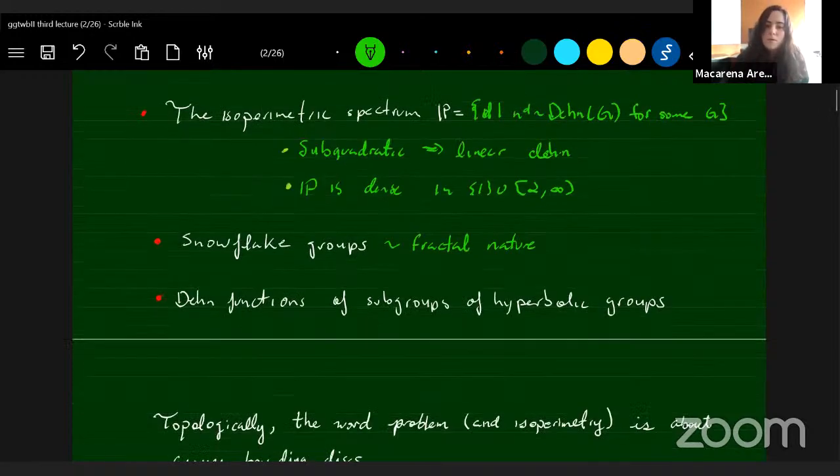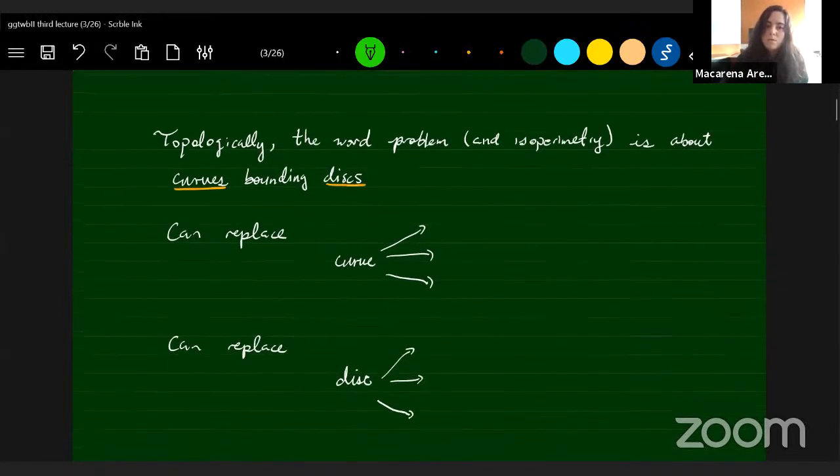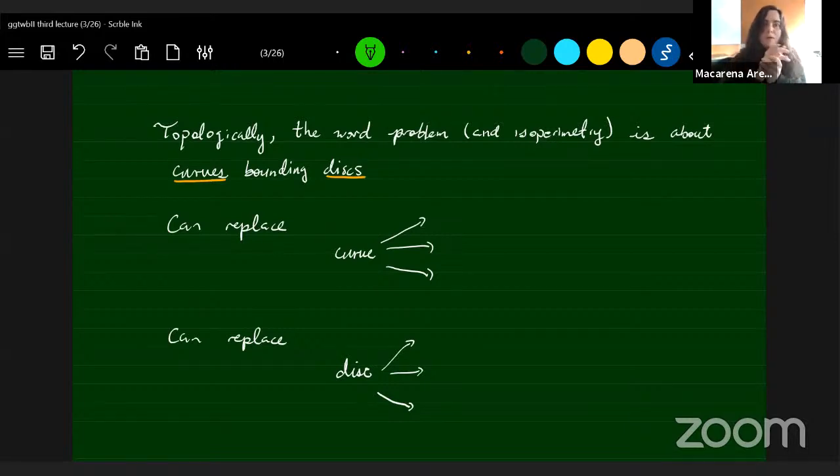Okay, so now I would like to tell you about some directions in which one can try to generalize Dehn functions. Topologically, the word problem and isoperimetry is all about understanding the relationship between curves and the disks that are bounded by these curves. It's very natural to try to replace curves with other objects and disks with other objects.